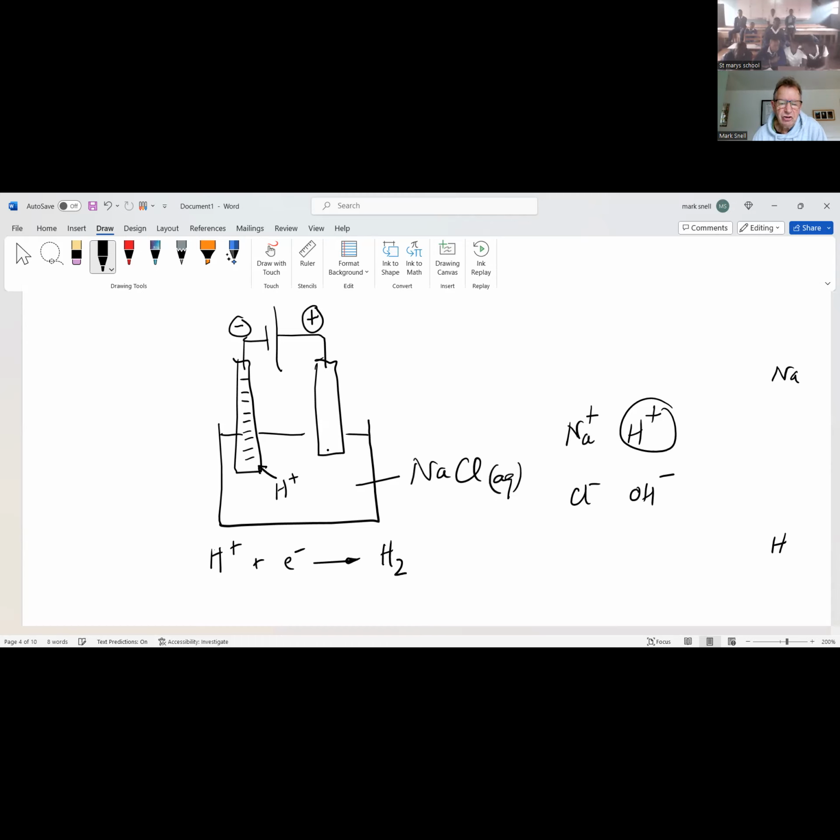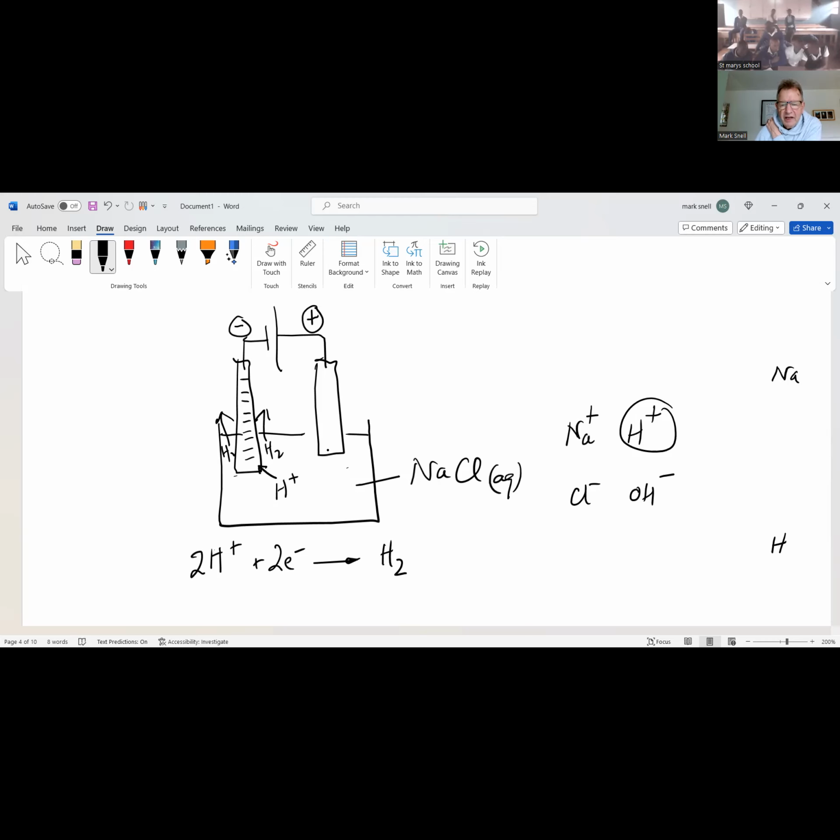Now, because it's H2, we would need 2 H's. And because we have 2 H's, we would need 2 electrons. So hydrogen bubbles are going to come out. We're going to see bubbles up here.